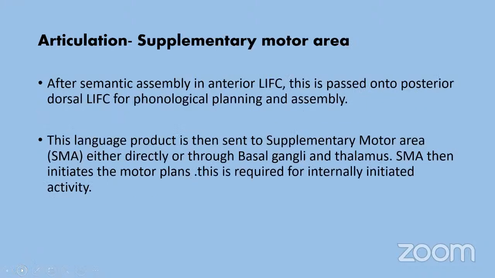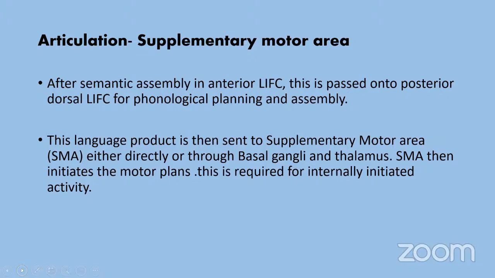And another important area is the supplementary motor area. After semantic assembly in the anterior left inferior frontal cortex, the information is passed on to the posterior dorsal left inferior frontal cortex for phonological planning and assembly. So where is this located? This language product is sent to the SMA, or supplementary motor area, either directly or through the basal ganglia and thalamus.